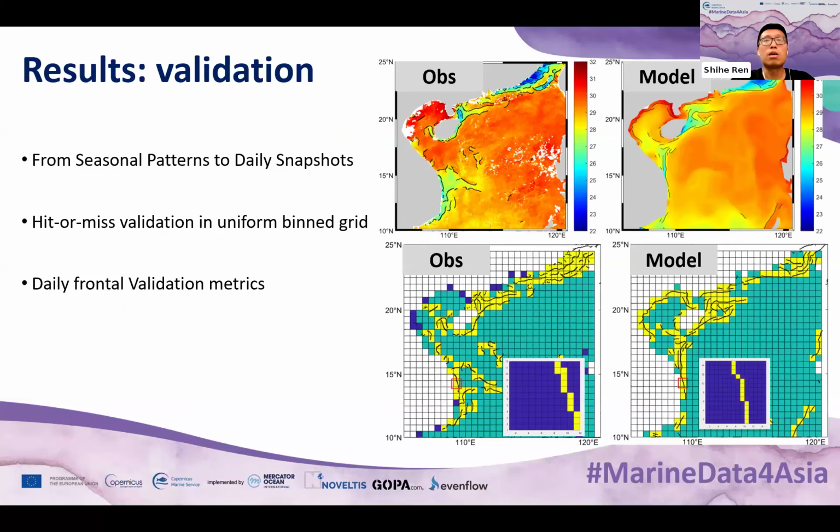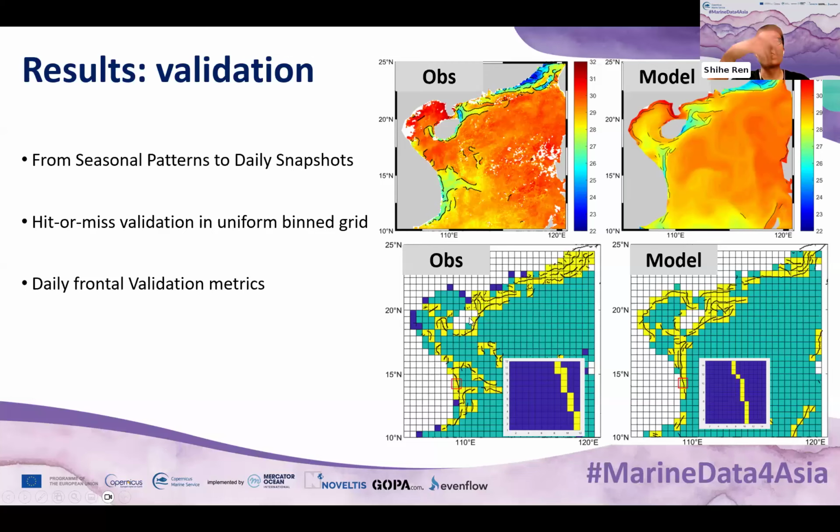Sorry. This is the raw data of the observation and model, and these two figures show gridded results of the ocean front. The yellow grid means the ocean front.